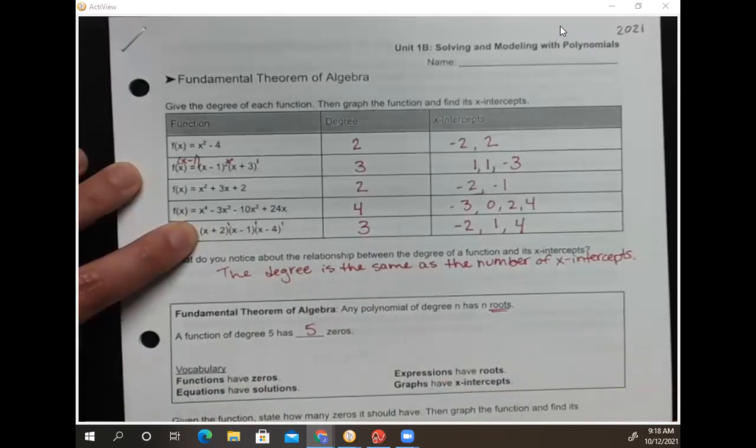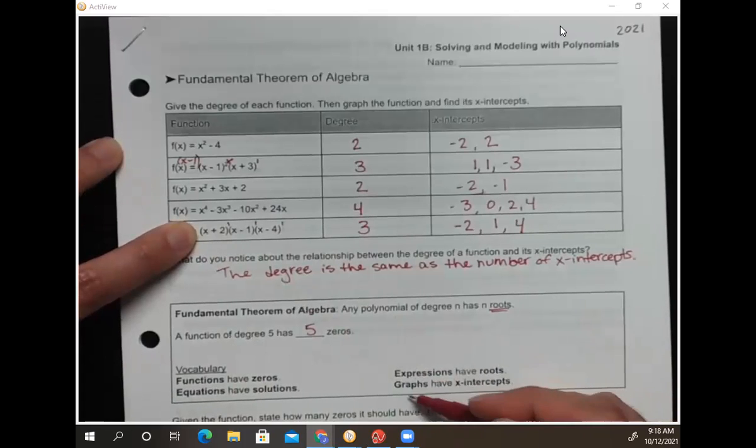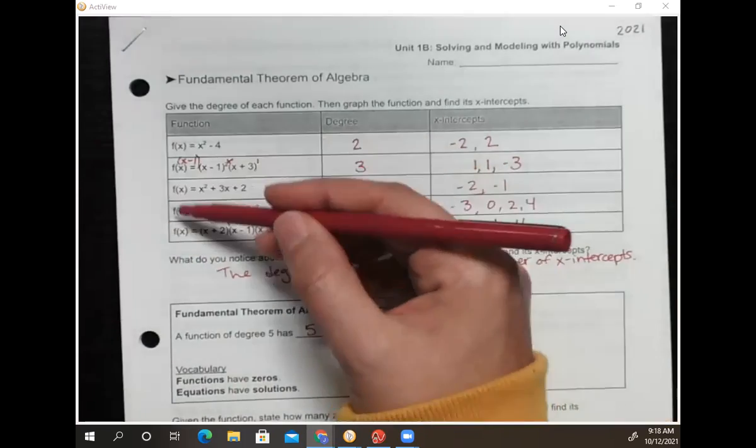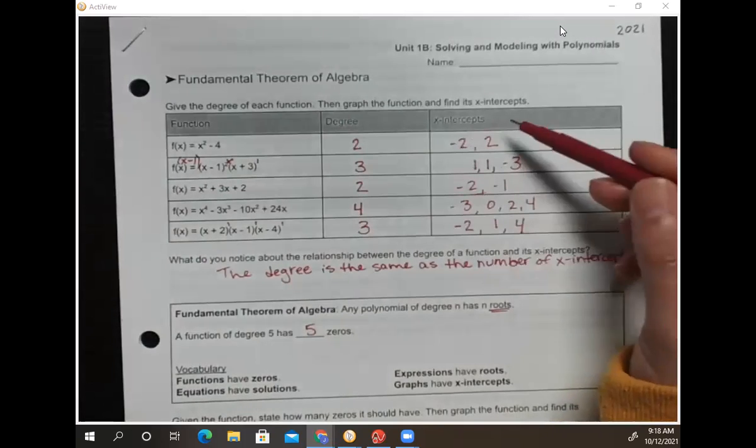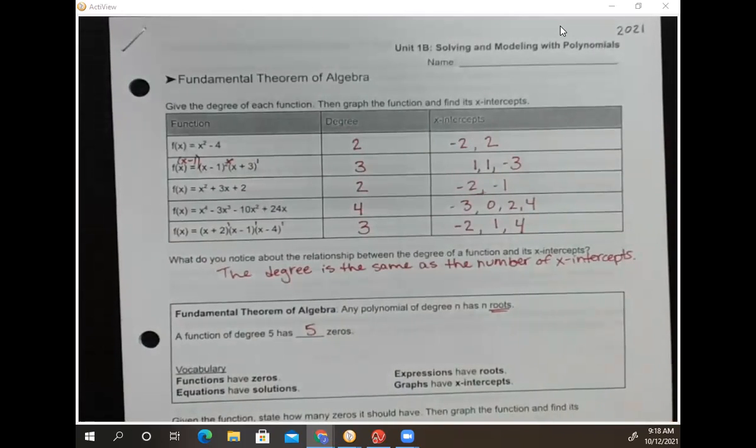That's what we call an expression. And so we should use the term roots for that. And then when we're looking at graphs, like we did when we graphed these, we talked about x-intercepts. So that's how we define each of these terms and where we should use each of them. They're going to seem pretty interchangeable for a lot of what we're doing. The context I'm using is what's going to determine the term that I use.